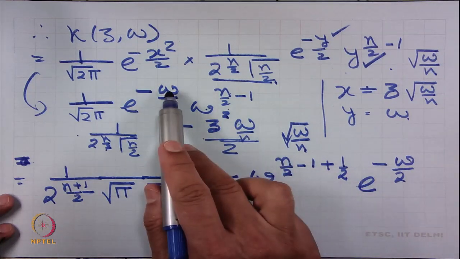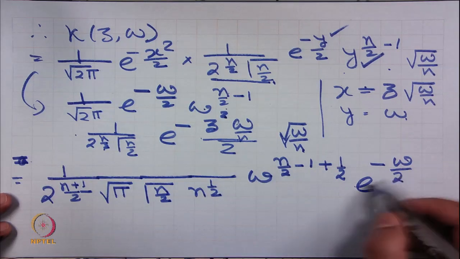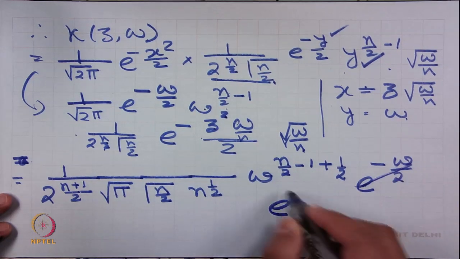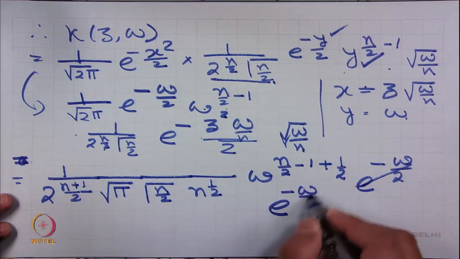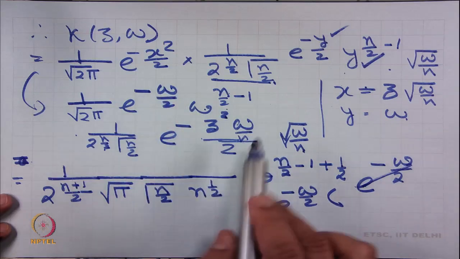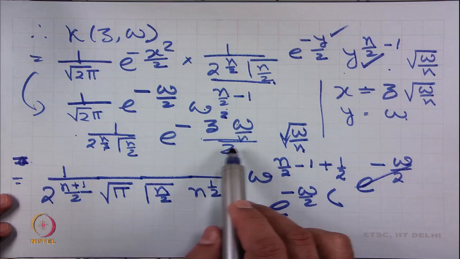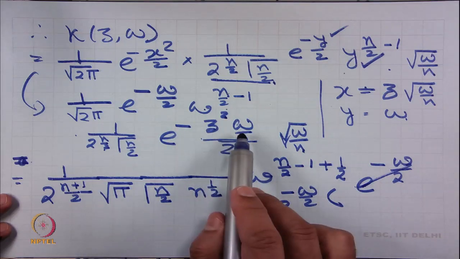From here it is w by 2, from here also it is w by 2, multiplied by e to the power minus w by 2 into, from here I am getting 1, from here I am getting z square by n.